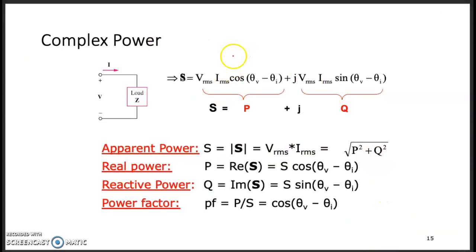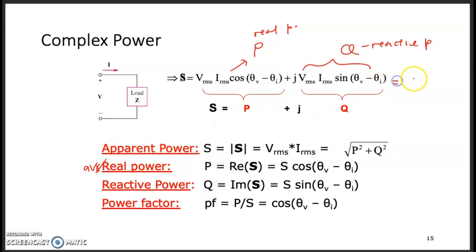So if we see the notation here, the whole here is the real power or average power, and here is what we call reactive power. This is the real power. And how do you calculate the apparent power?